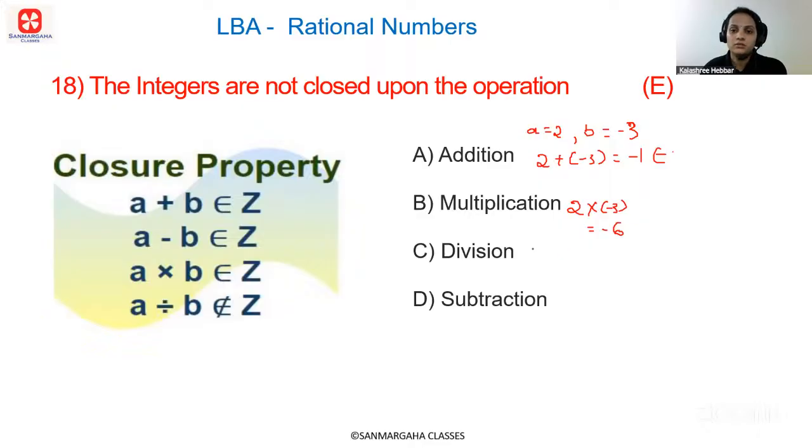Division: 2 divided by minus 3, it is minus 0.6. Subtraction: 2 minus of minus 3, which is equal to 5.